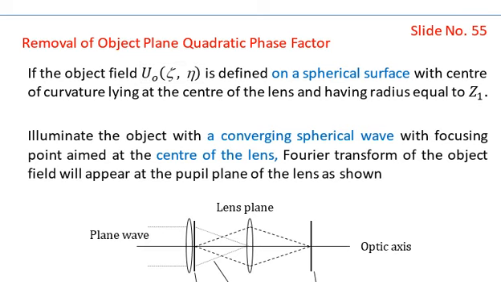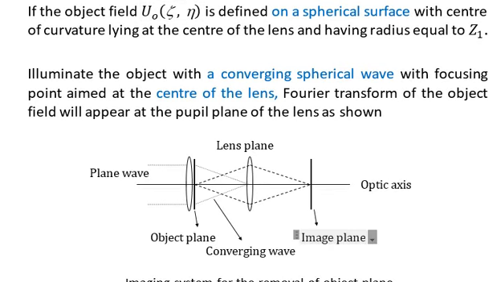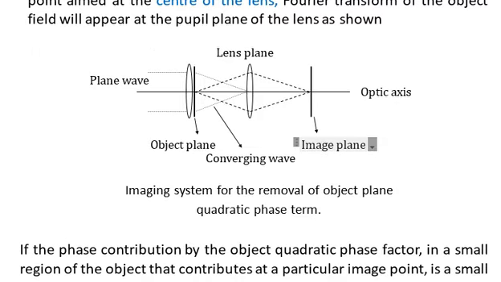Now let's look at the second possibility. Illuminate the object with a converging spherical wave with the focusing point aimed at the center of the lens. The Fourier transform of the object field will appear at the pupil plane of the lens as shown. So this is the second way.